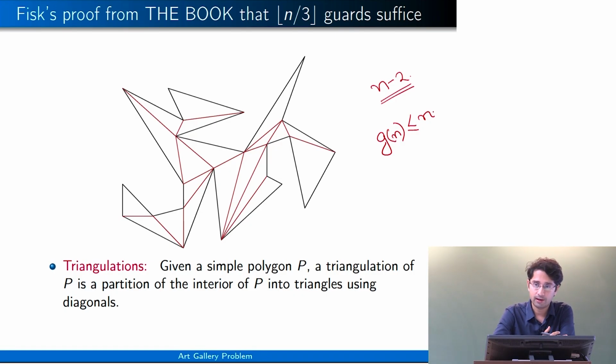Because every point in the polygon is part of some triangle in a triangulation. Now, if I place a guard at every vertex, it will be seen by one of them, right? Are you still with me? All good? So, can you give me a hint why I need to place a guard at every vertex in a triangle?